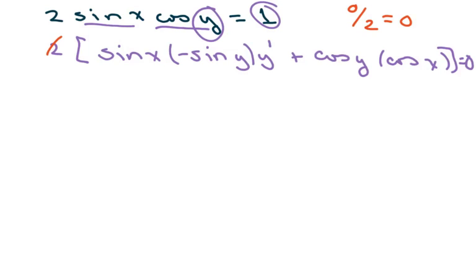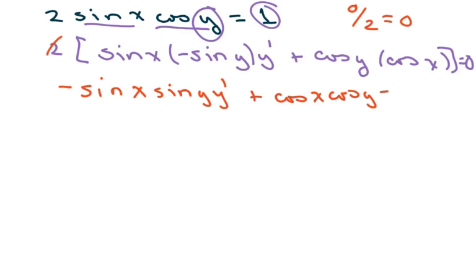And now, I'm going to clean this up, so we can pull the negative out: negative sine of x, sine of y times the derivative of y, plus, I'll put the x first, cosine x cosine y equals 0.